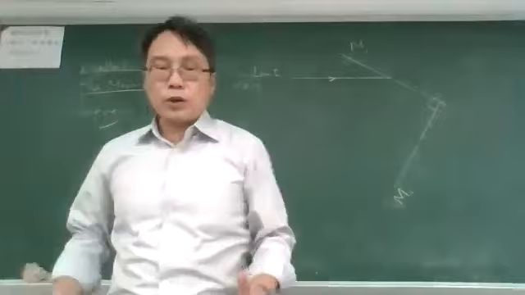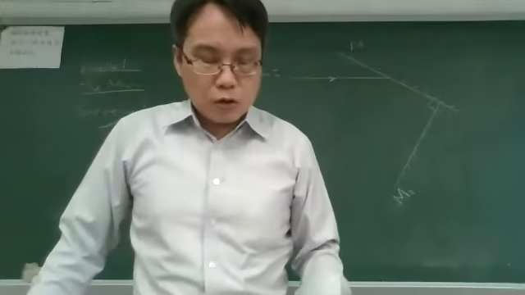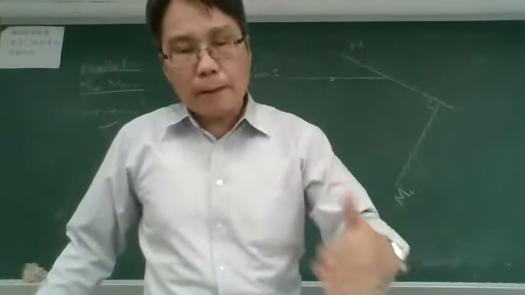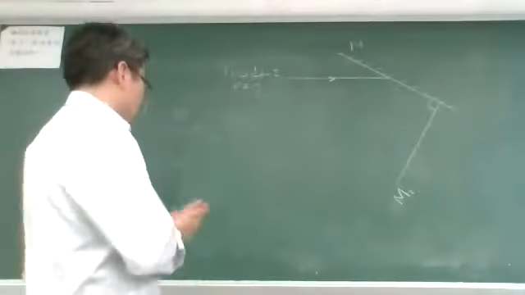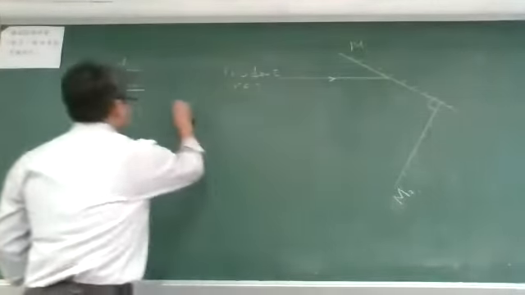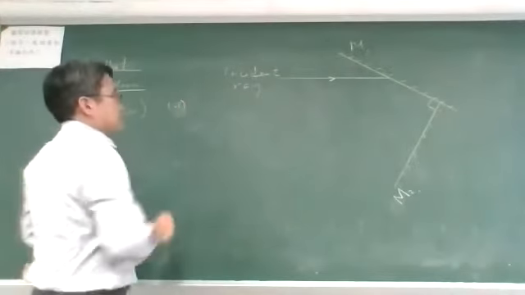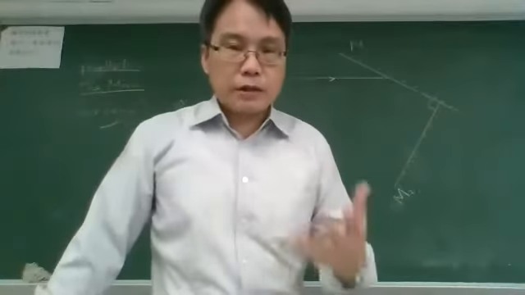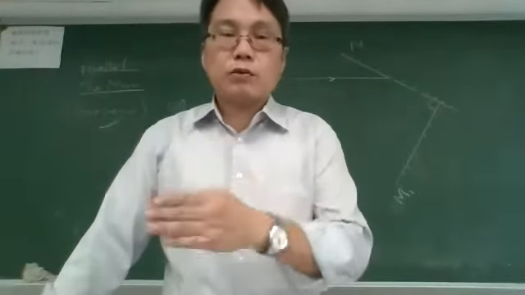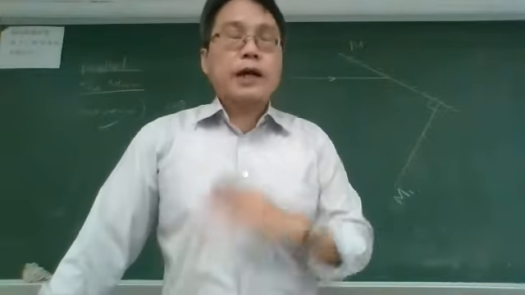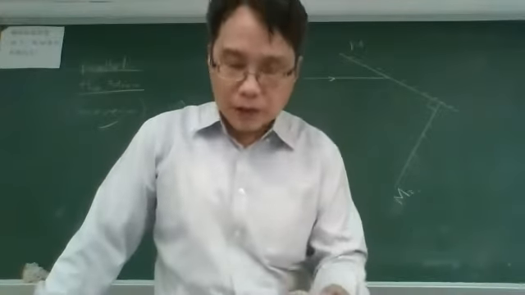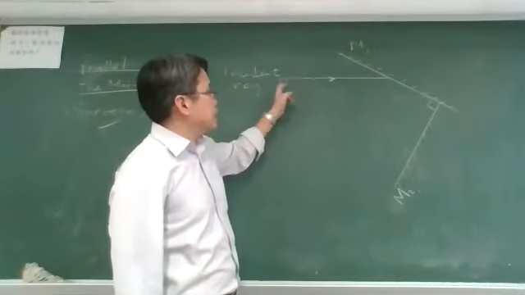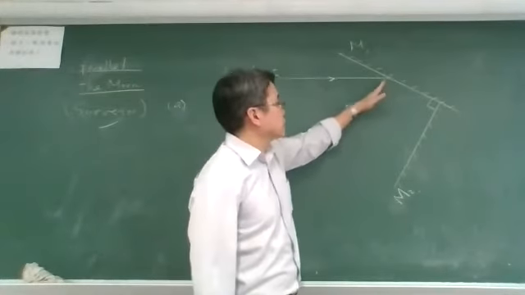Now we will apply laws of refraction to solve these questions step by step. First of all, laws of refraction tell us that the angle of incidence is equal to the angle of refraction, and the angle of incidence is defined as the angle between the incident ray and the normal.